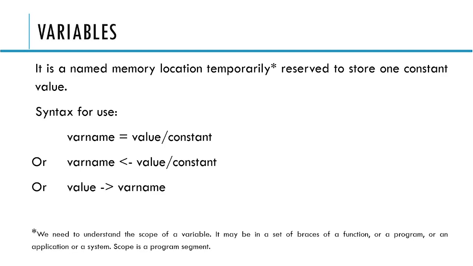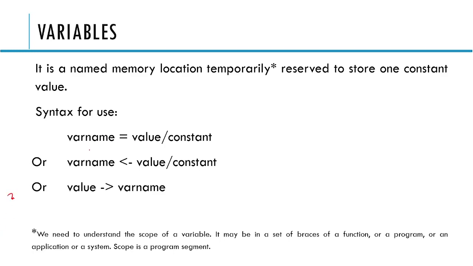That named memory location from your primary memory, temporarily reserved to store a constant value, is known as a variable. A named memory location to store the constant is known as a variable. And in R, how to deal with this variable, how to create a variable and how to store the values in it.